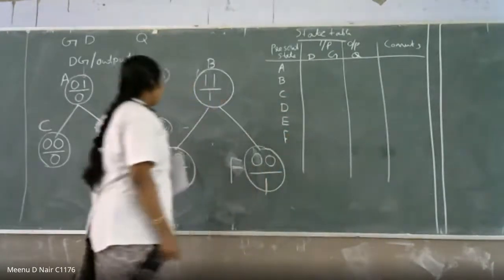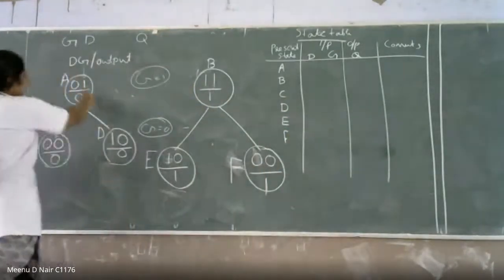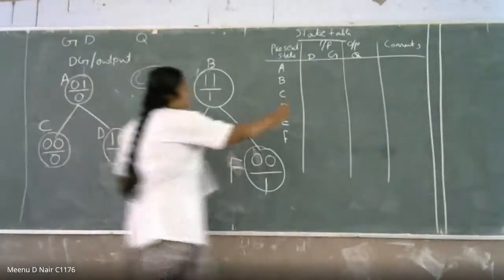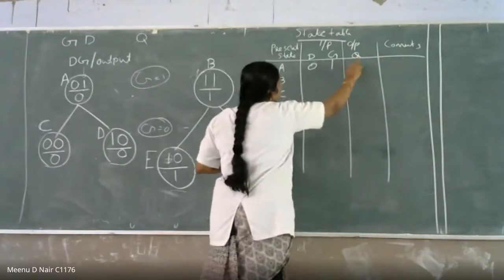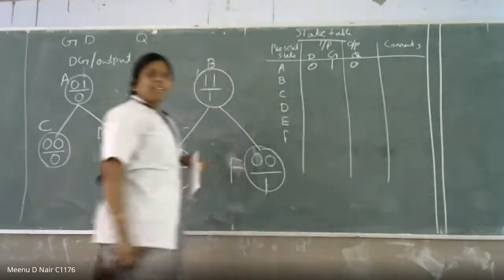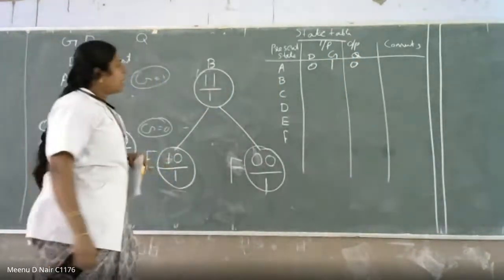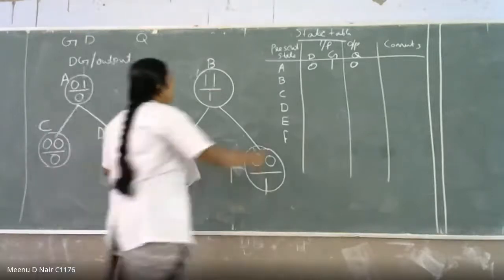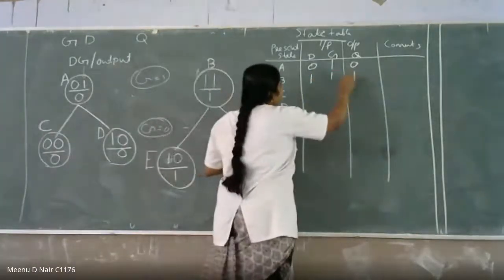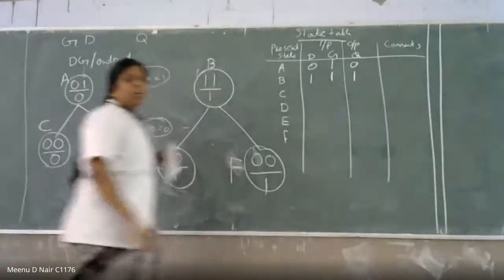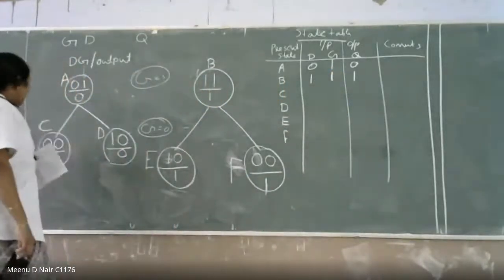So what is A? A is 0, 1 with an output 0. What is B? B is 1, 1 with an output 1. Then what is C?